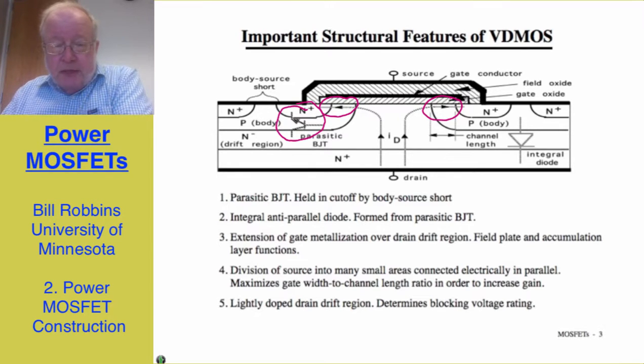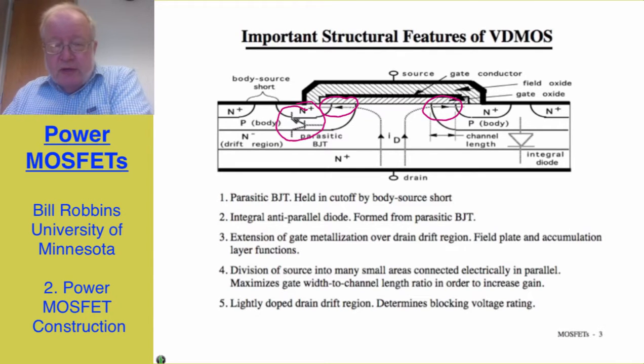The basic problem is we do not have access from the outside world to the base of this parasitic transistor, and so we have no way of controlling what its state is. And if for some reason it gets turned on, we have no way of turning it off, and that could severely compromise the operation of a converter in which this MOSFET is being used, or perhaps even destroy the MOSFET.